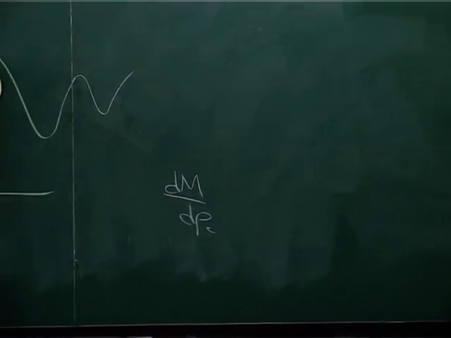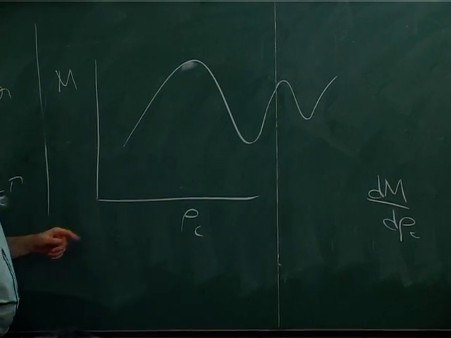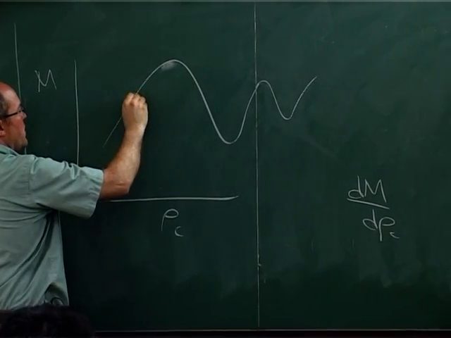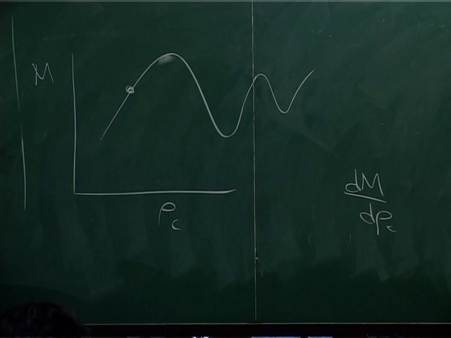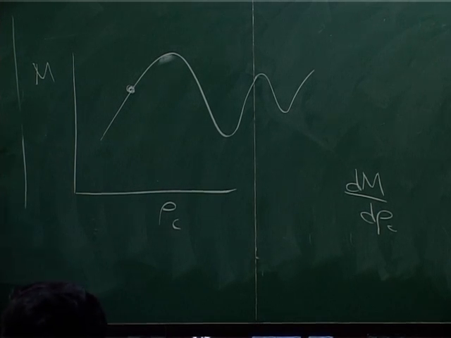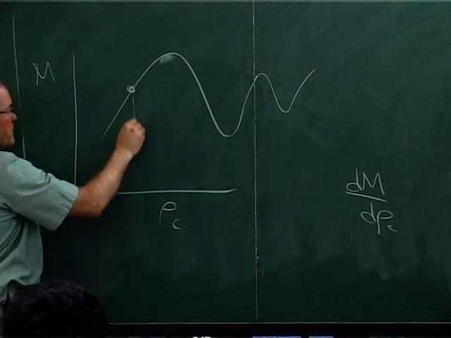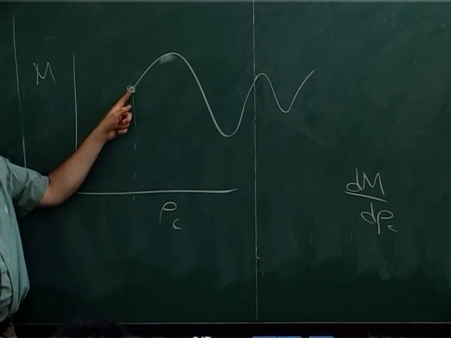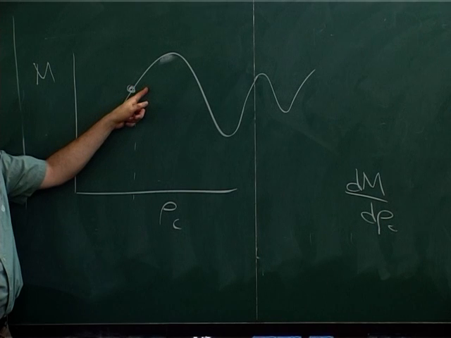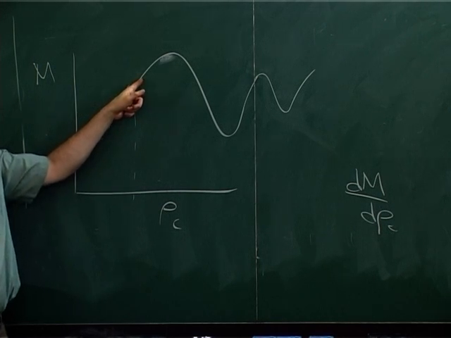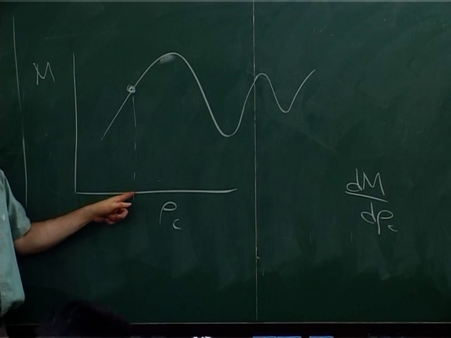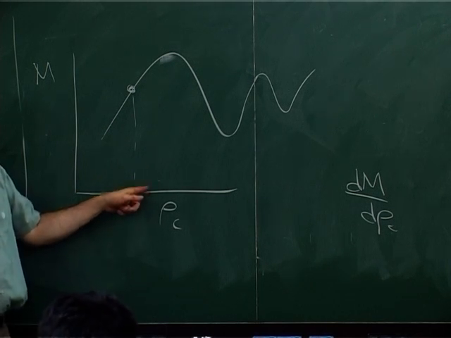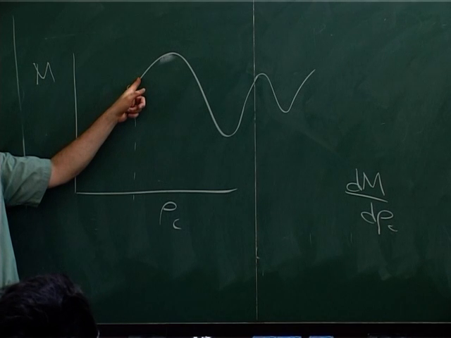Imagine, I'll just erase this point here. Imagine that I have a star that's at this point on the curve, and I imagine perturbing the star a little bit. Let's say I change the central density, I make the central density go up. What happens to the total mass energy of the star?